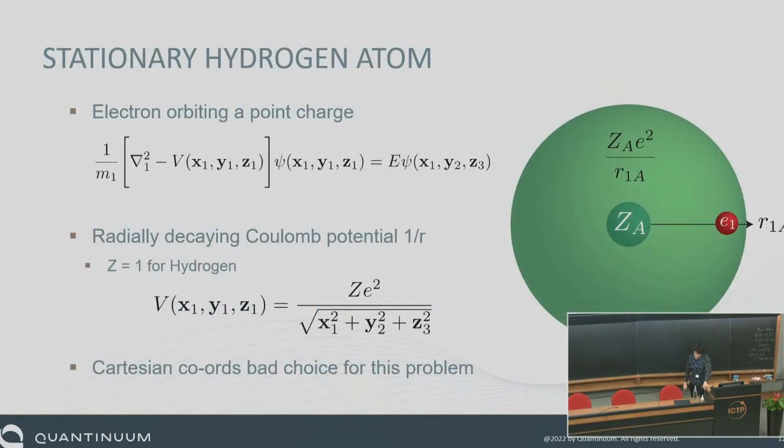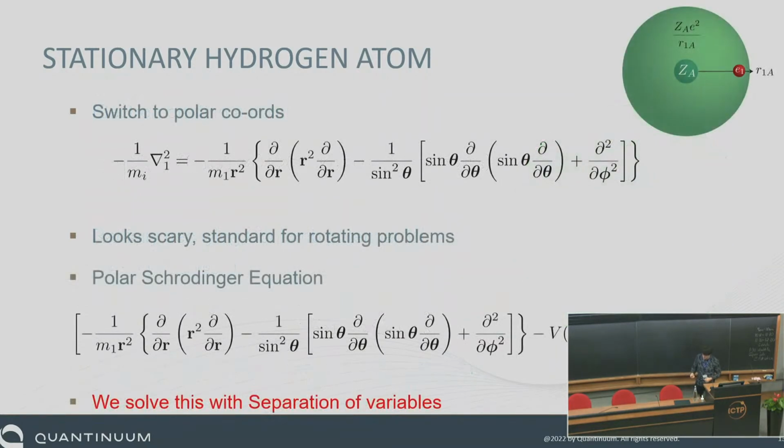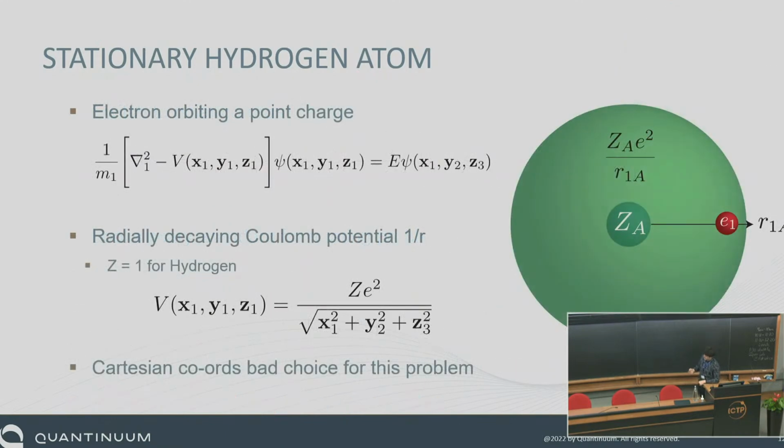So the stationary hydrogen atom is where quantum chemistry really started, in my opinion. Here we have a single electron represented by m1, and we have this kinetic energy operator, del squared.